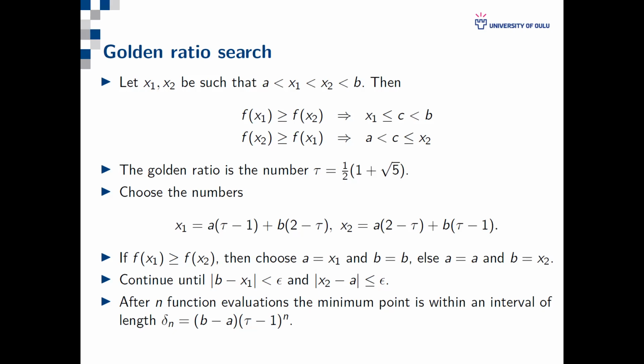And I choose the number x1 so that it is a times tau minus 1 plus b times 2 minus tau, and x2 is a times 2 minus tau plus b times tau minus 1. So those are the points. I guess they are symmetric on the interval.